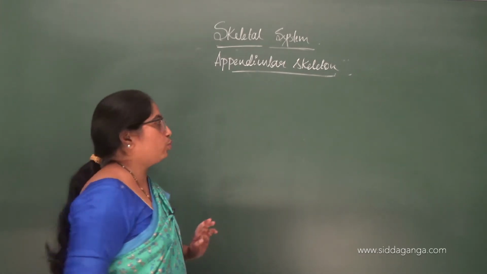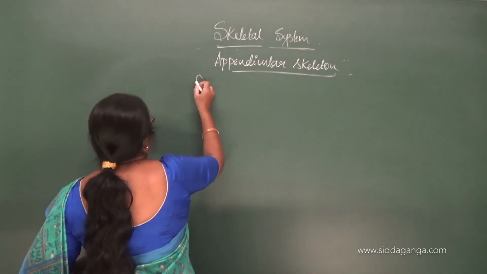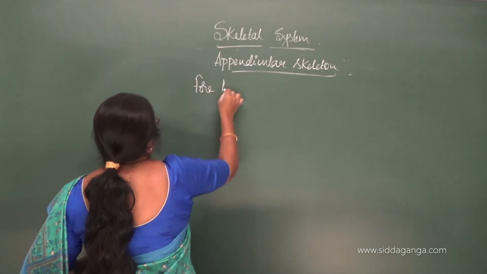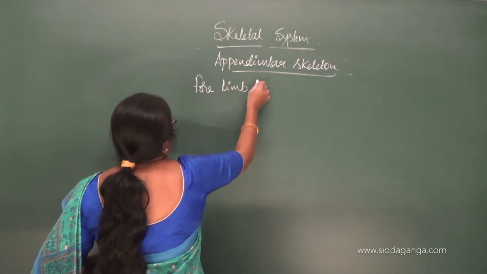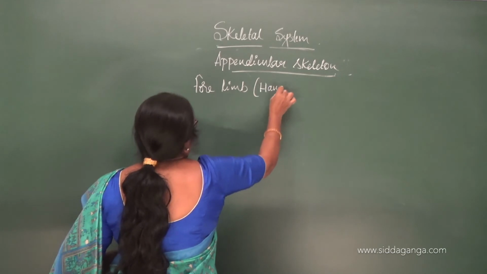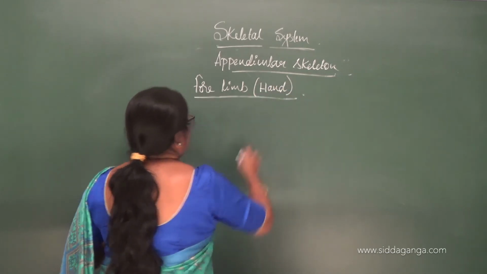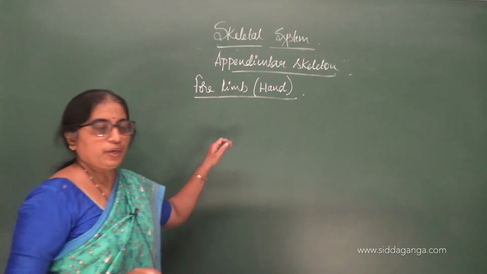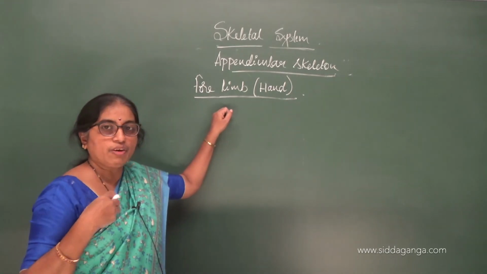The limbs are of two types. One is the forelimb, which you call the hand. The forelimb or the hand of the human body.